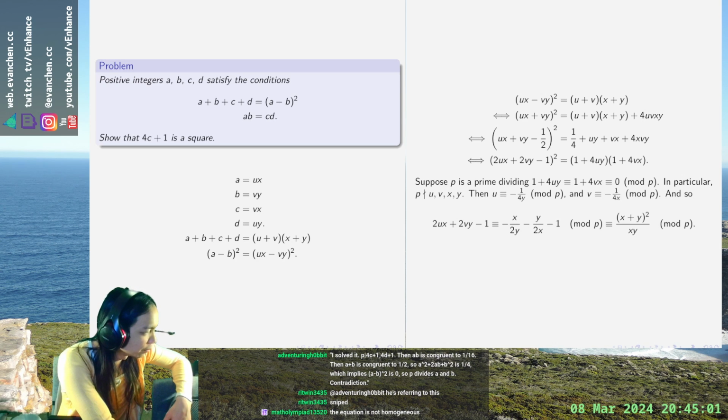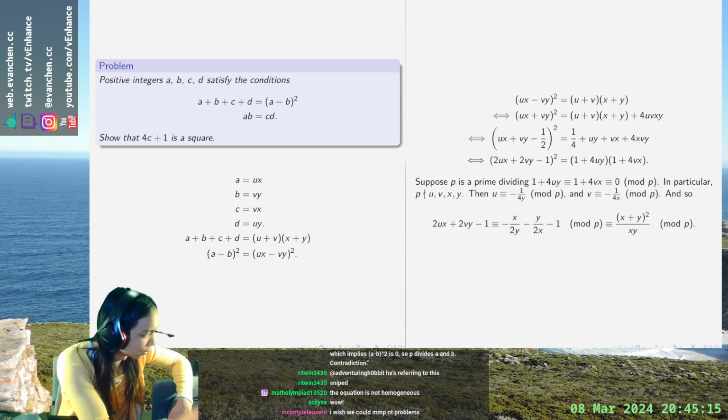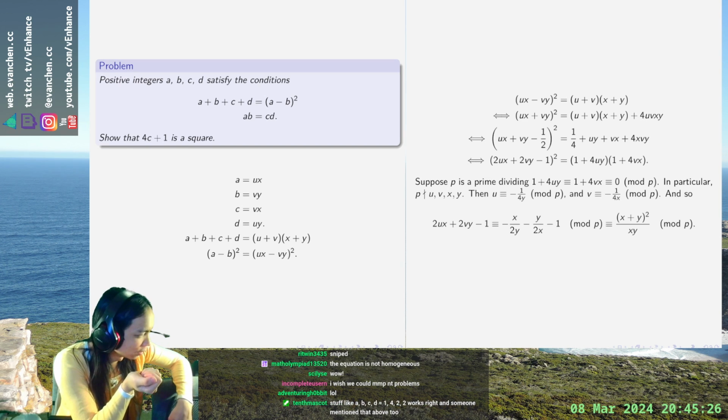P divides A and B. So, okay. Why is it a contradiction if P divides A and B?